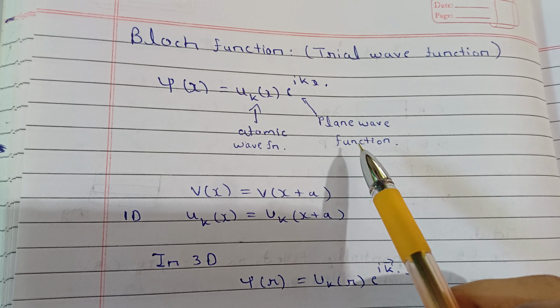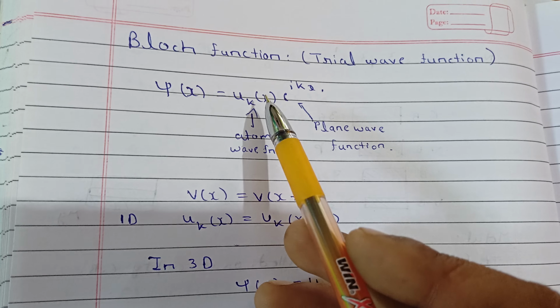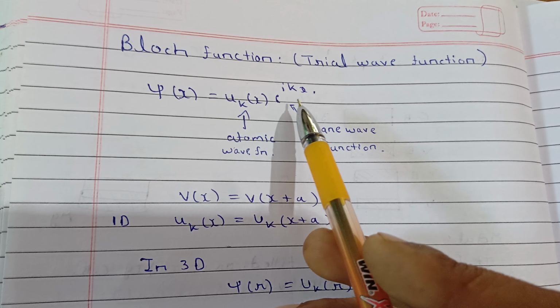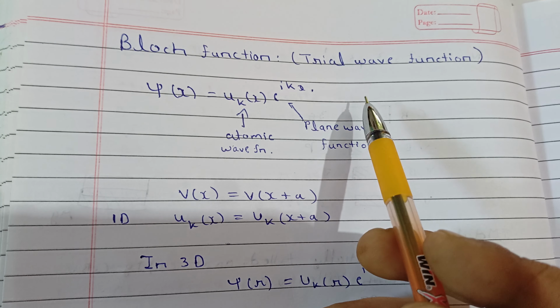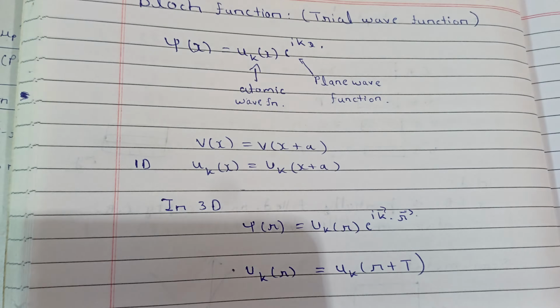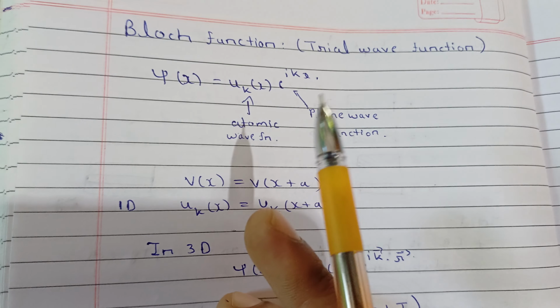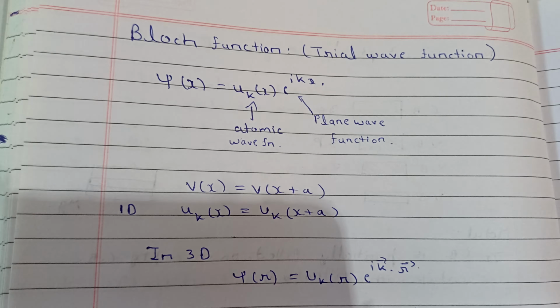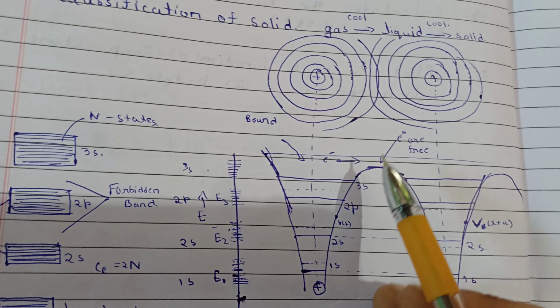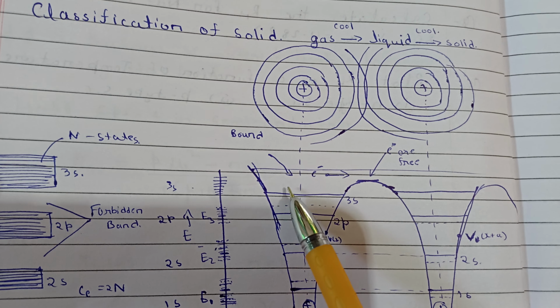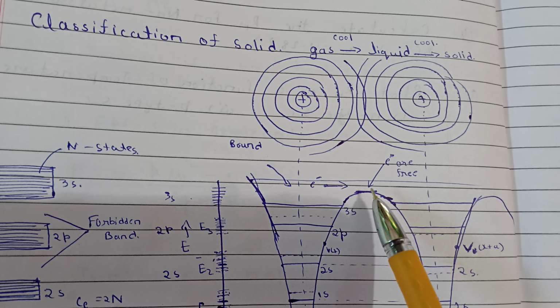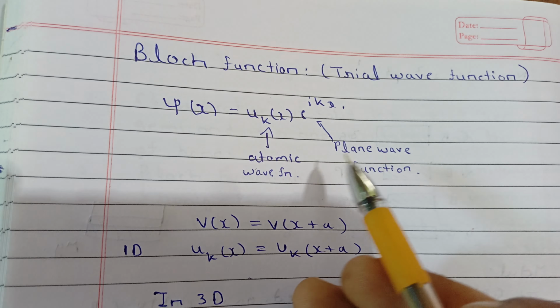Now you will ask why we didn't add them, u(kx) and e^(ikx)? Because they are not superimposing; we only add functions when they are superimposing. They are in different regions: it is e to the power ikx here, and u(kx) here. So that's why we multiplied them, because they are at different places.